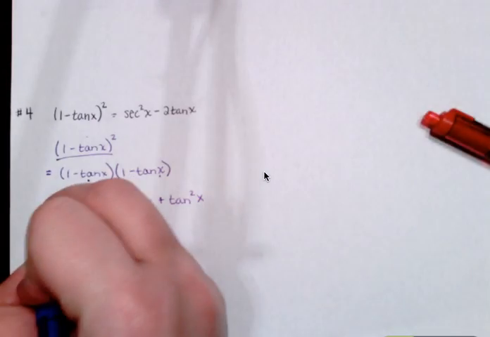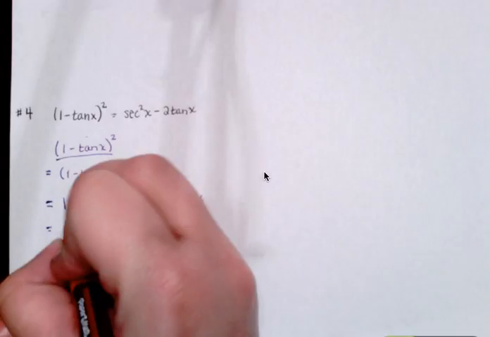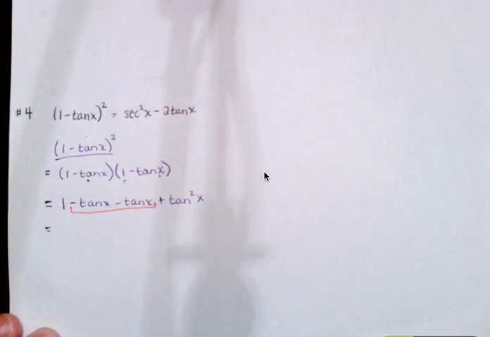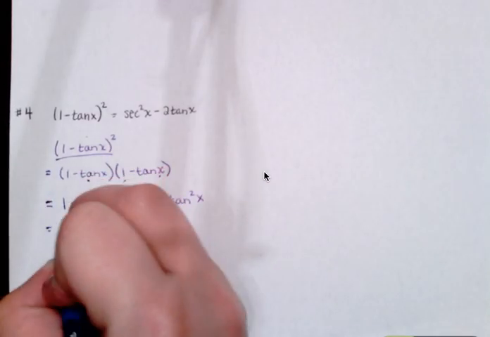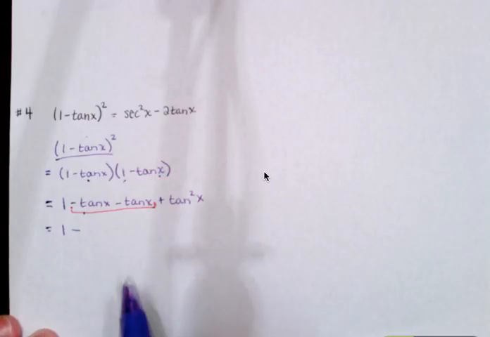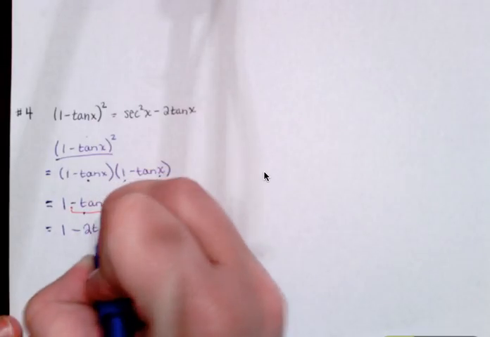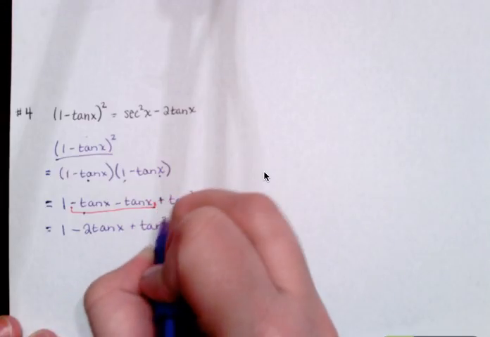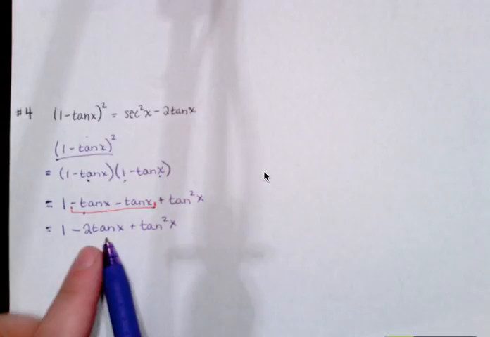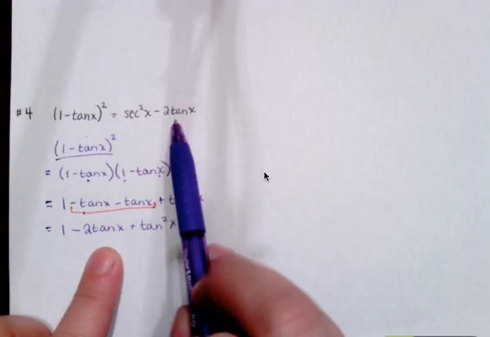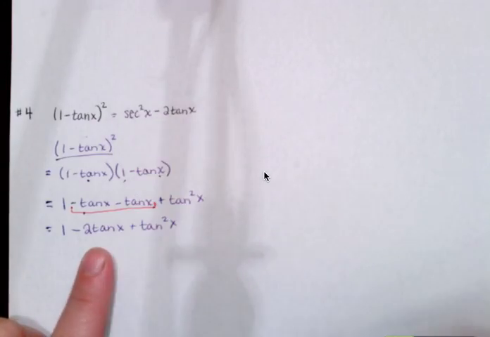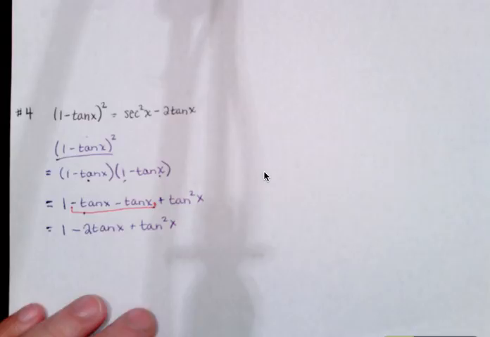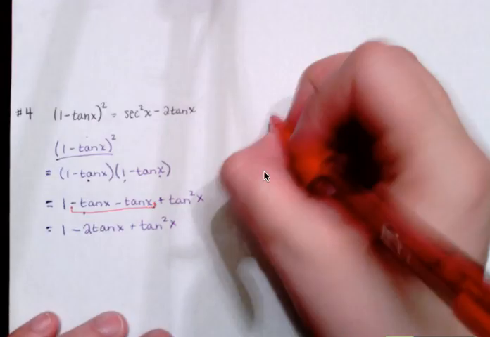So then we'll simplify that. I have 1 minus, there's 2 of these, so 2 tangent of x plus tangent squared of x. And we know we're on the right track because we have the minus 2 tangent of x. So now the only thing we want is secant squared. Well, if you think back, I'm going to write off to the side. We have a couple identities.